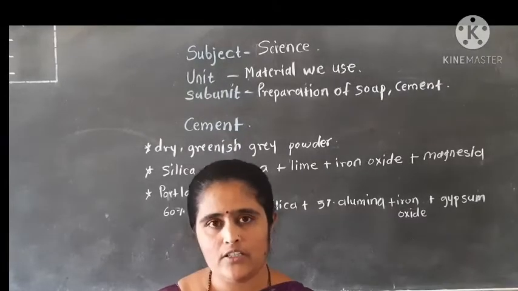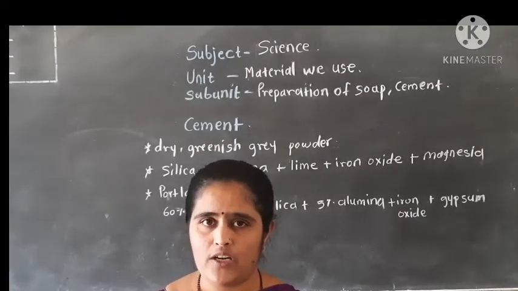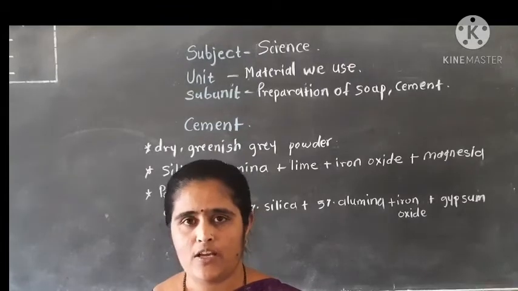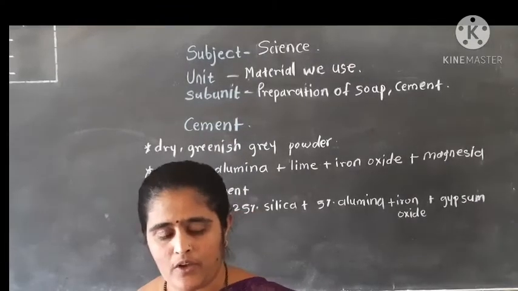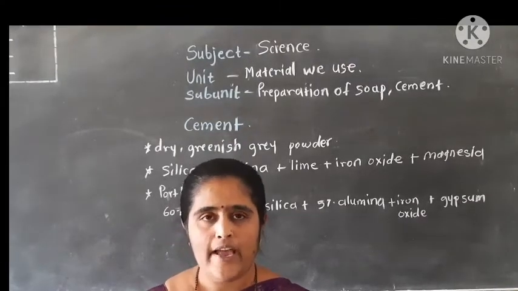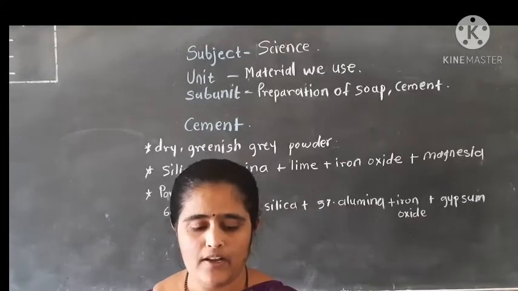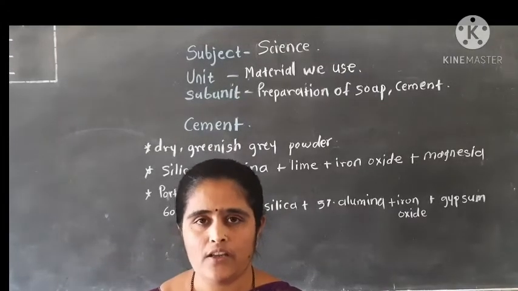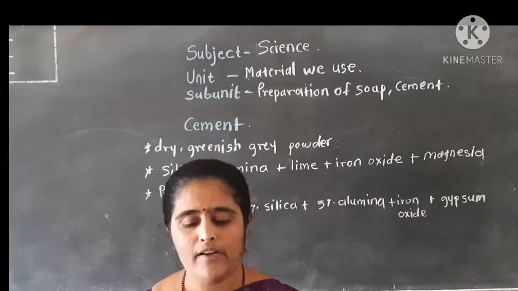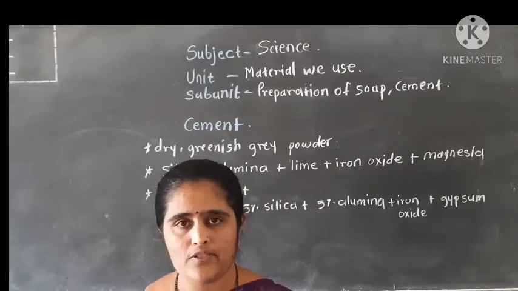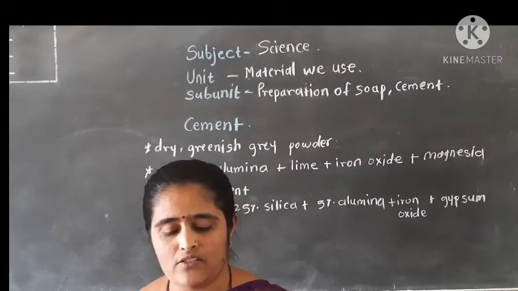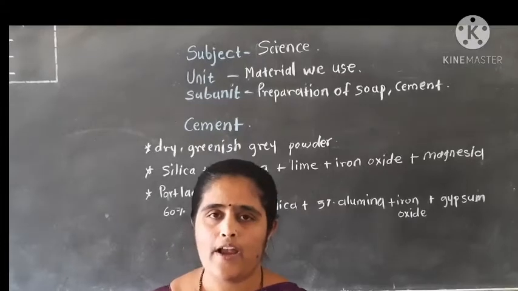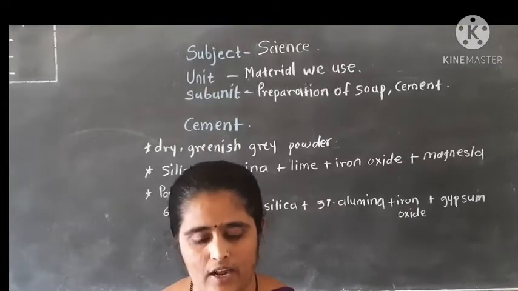Okay, second point, the natural detergents are mainly composed of saponin chemicals, and man-made detergents consist of additives like perfume, dyes, germicide, alcohol, anti-foaming agent, etc.